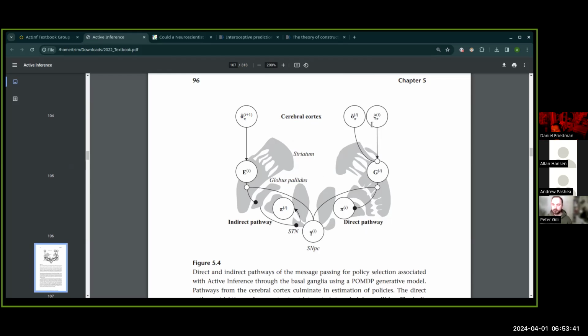On the other hand, there's a direct pathway mode that they're analogizing as actually doing the expected free energy calculation, G, and updating the policy prior into the policy posterior according to equation 2.6, the whole part about pragmatic and epistemic value.